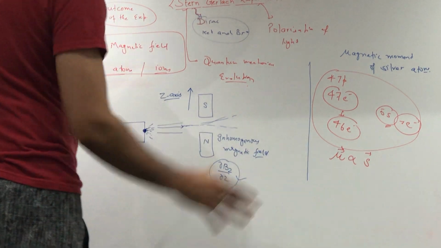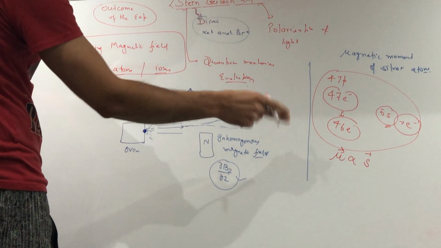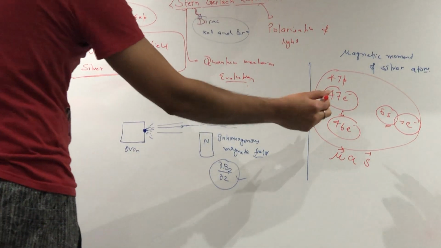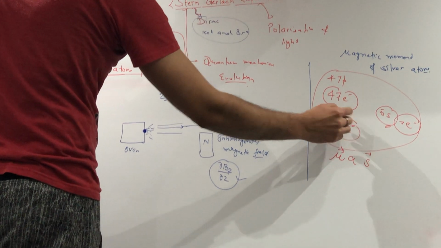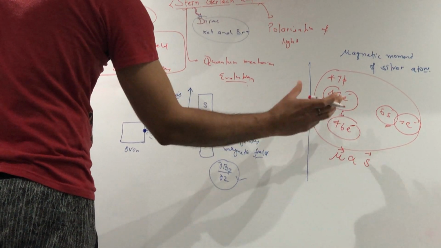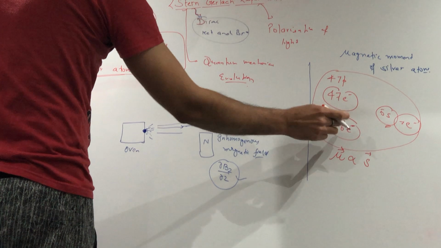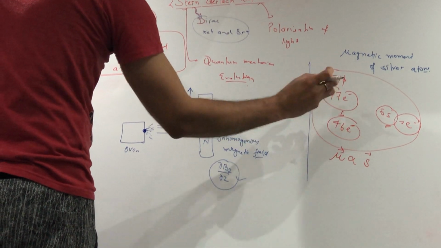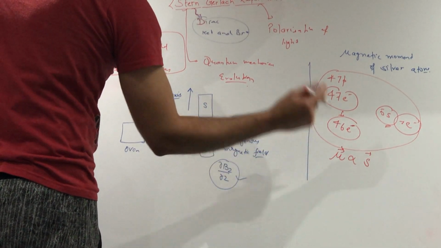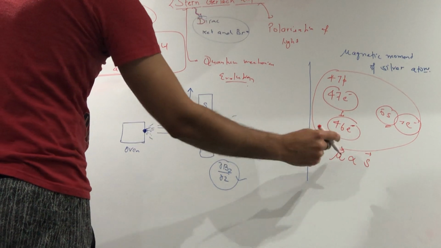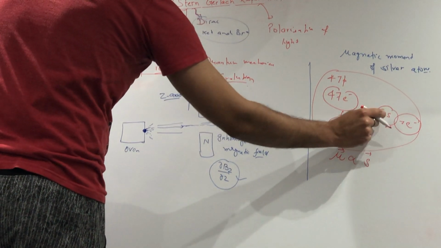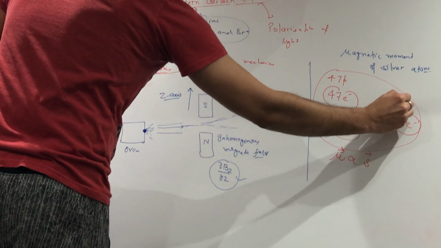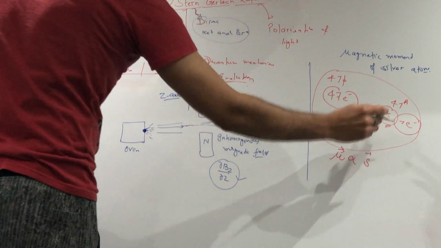That's the reason we use the silver atom, because these 46 electrons form a symmetrical cloud. So the net magnetic moment of the pair is 0. The resultant magnetic moment is due to the spin of the 47th electron that's present in the 5s shell.